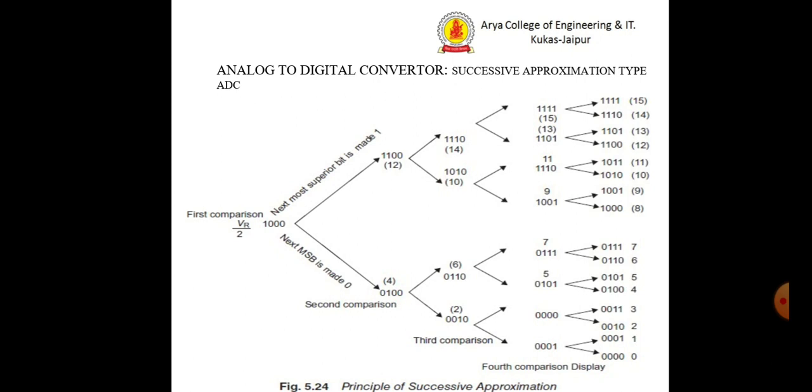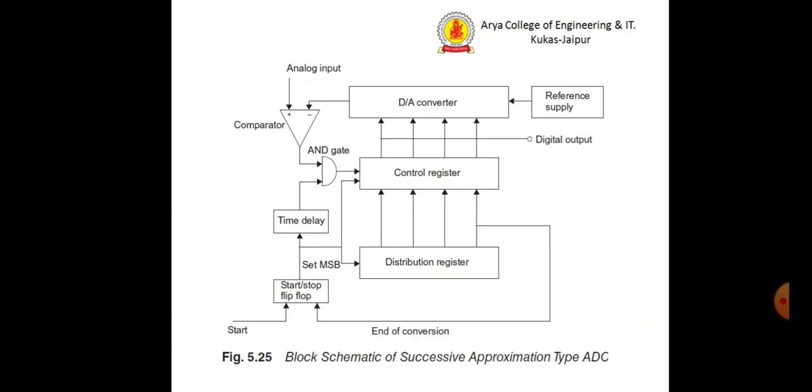Now we will look at the block schematic of successive approximation type ADC. The distribution register is basically a ring counter containing a bit 1, which determines which action is taking place.